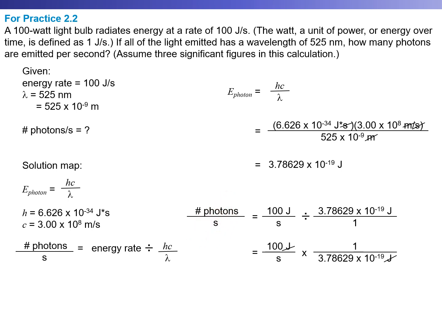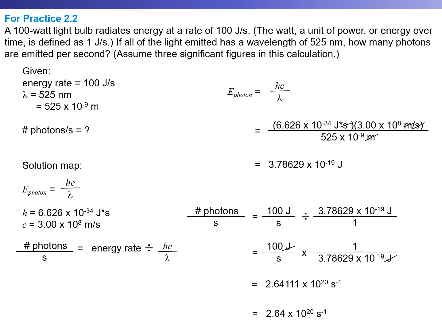So now we do the math, and that's going to give us 2.64111 times 10 to the 20th seconds to the -1. And if we wanted to clean this up a little bit, we could say 2.64 times 10 to the 20th s to the -1.